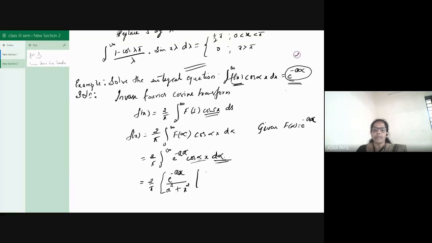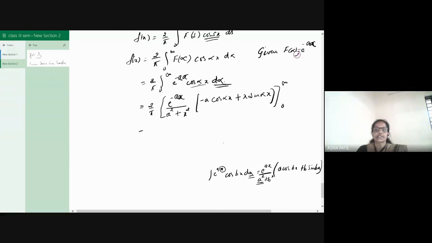Then a here is minus a, into cos alpha x, plus b here is x, sin alpha x. Limits are from 0 to infinity.